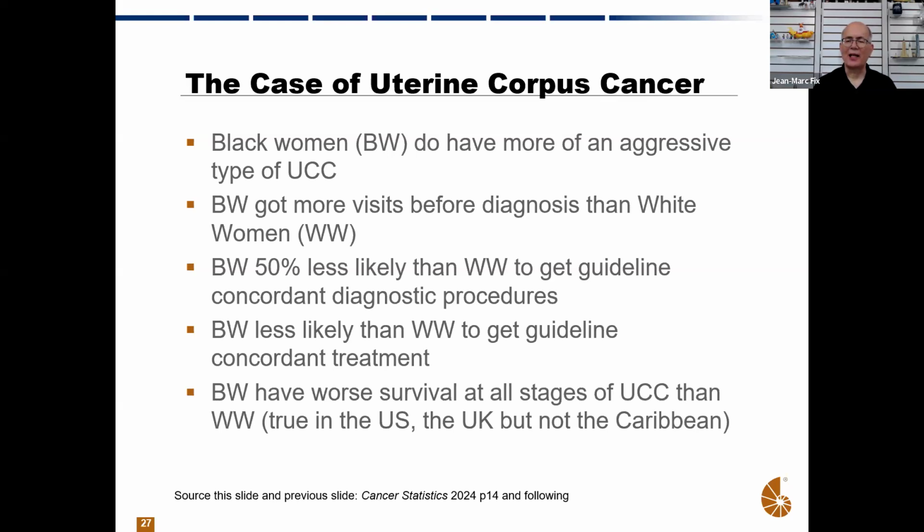And they're also less likely to get guideline concordant treatment. So not only is the diagnostic not up to snuff, but the treatment may also not be up to snuff. What's interesting is you see that in the US and the UK, but not in the Caribbean. So it points to some factors in some population that may bear looking at from a public health perspective.